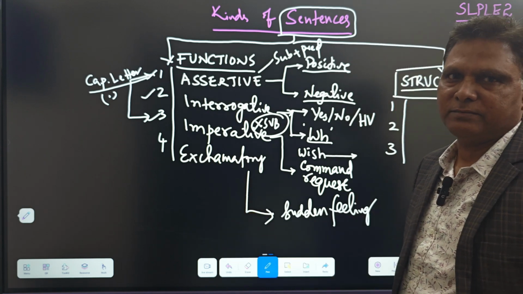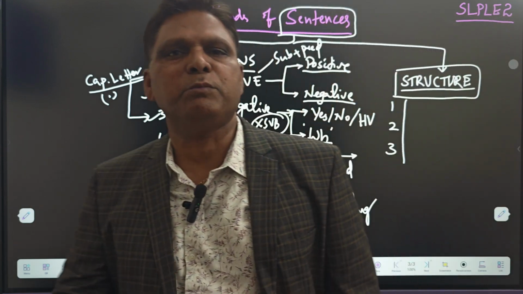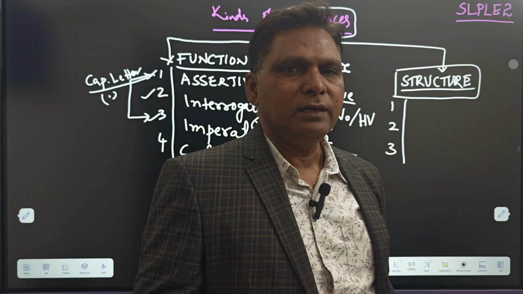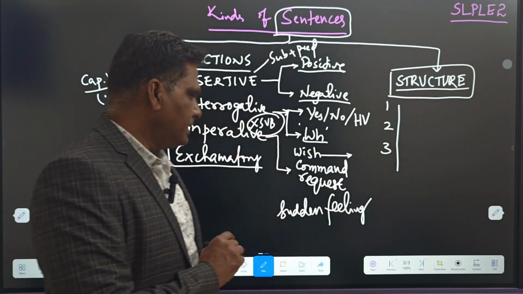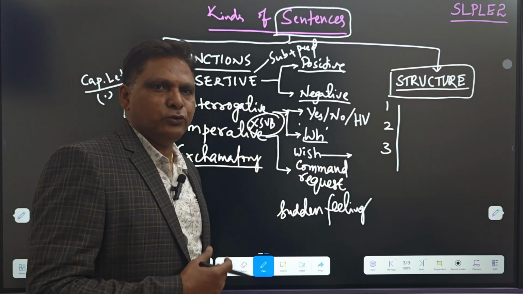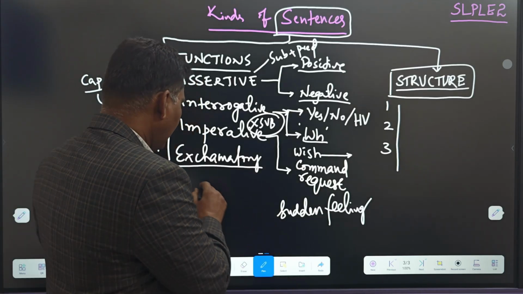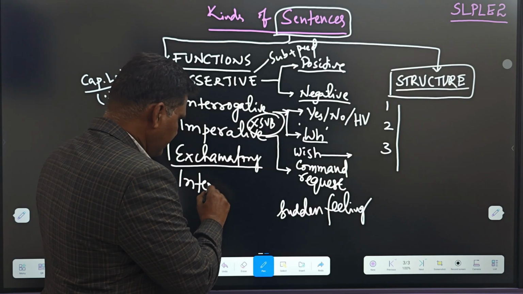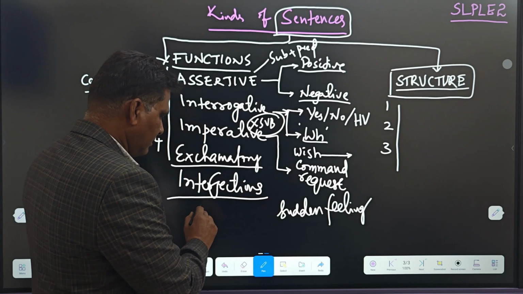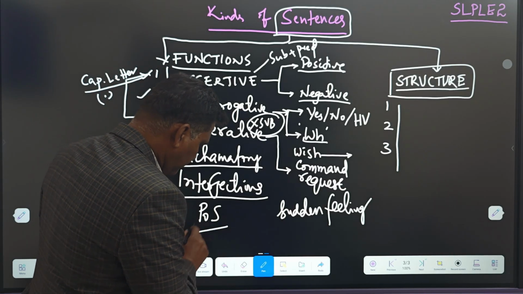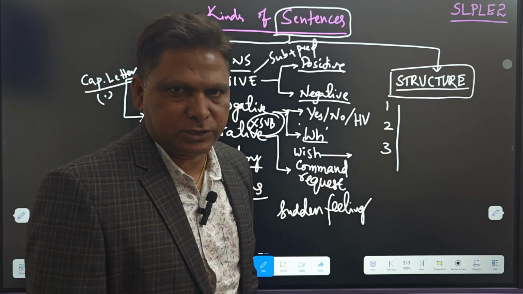Some sudden expression. So exclamatory sentences may be one word, sometimes a combination of many words given in a sentence. In exclamatory sentences, there are certain words that are used to express some sudden feelings, and such words are called interjections. And these interjections are one of the 8 parts of speech.